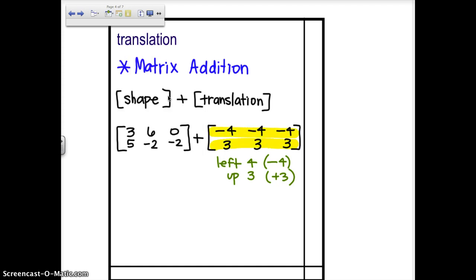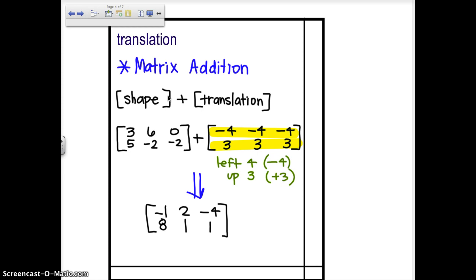This is our translation matrix, and it's going to move those ordered pairs by doing these operations to the specific coordinate. Okay? The result that we get gives us the new ordered pairs of our object: negative 1, 8, 2, 1, negative 4, 1. If we were to plot those, remember the top row is x, the bottom row is y, that would give us the coordinates of our new triangle that has been translated the way we wanted.